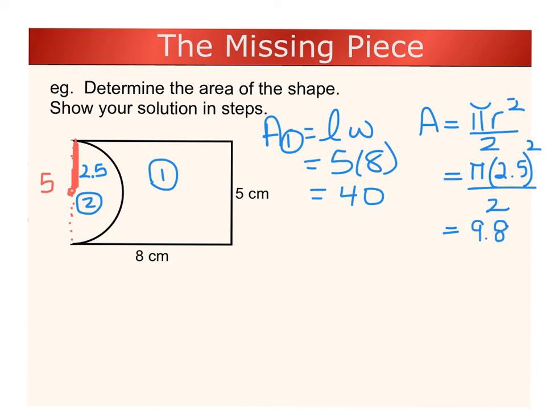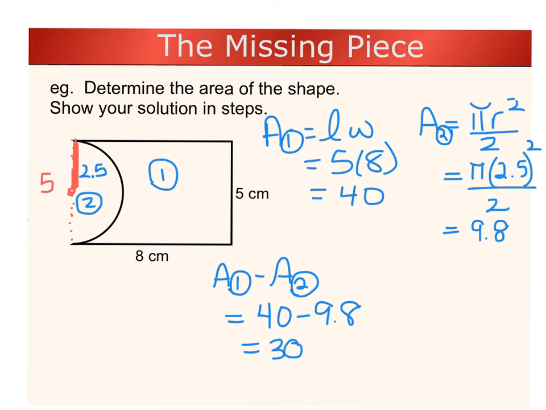Because that semicircle is coming out of the rectangle, I'm going to subtract it from the area of the rectangle. So that gives me 40 minus 9.8, which is 30.2, and that will be centimeters squared.